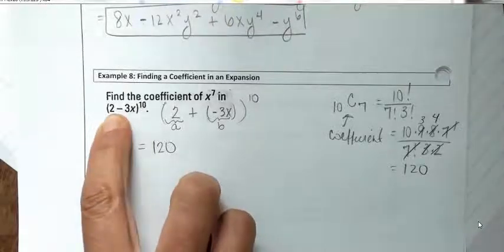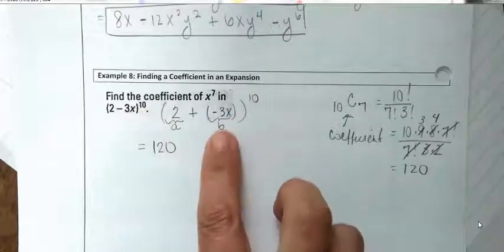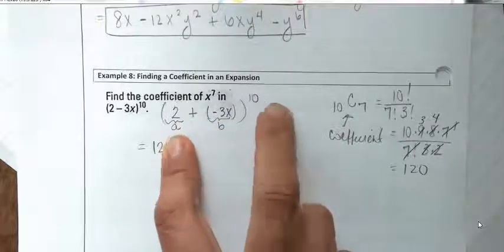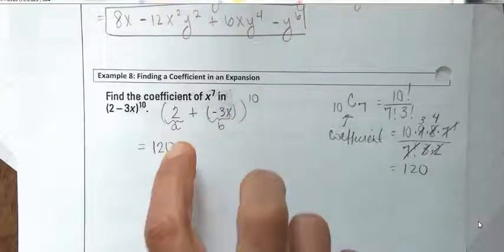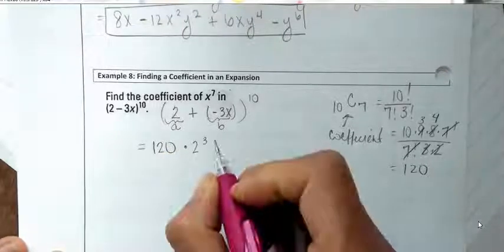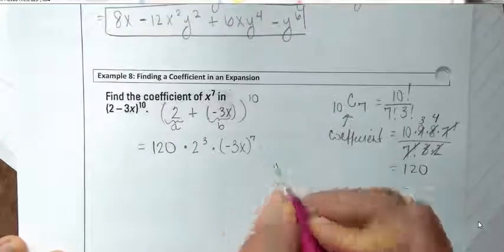Because they need to add up to 10. Does that make sense? Or this one's going to have the 7th power. This one's going to then make up the difference between 7 and 10. So 3. So you're going to have 2 cubed. And then negative 3x to the 7th power.